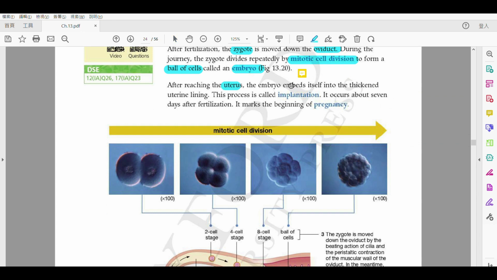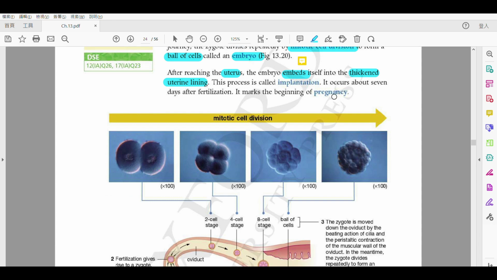嗱，embed 呢隻字要識嘅，自己讀先啦。embed 咁即係着床啦，中文就係着床。It's just like implant itself into the thickened uterine lining，就入咗呢個 uterine lining 嗰度啦。This process, first of all, remember this definition as well. 亦都要記一記呢啲嘅 definition 嘅。Embedding itself into the thickened uterine lining 啦，呢一個過程 we call this the implantation.